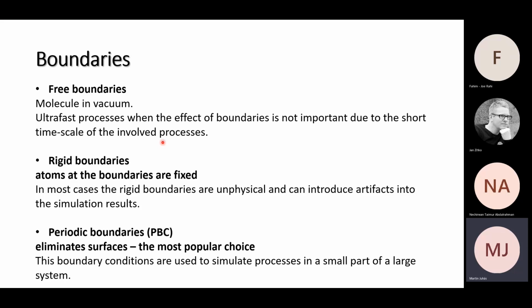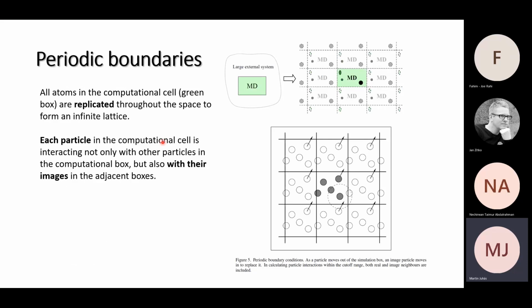The most used, and probably the only one used in drug design, is the periodic boundary conditions. So in these types of boundaries, you effectively simulate just a very small part, and you treat the rest as a mirror image. So you can imagine that this part that I'm pointing to is in the middle of a box, and on each side of the box you have the exact same replica of the box.